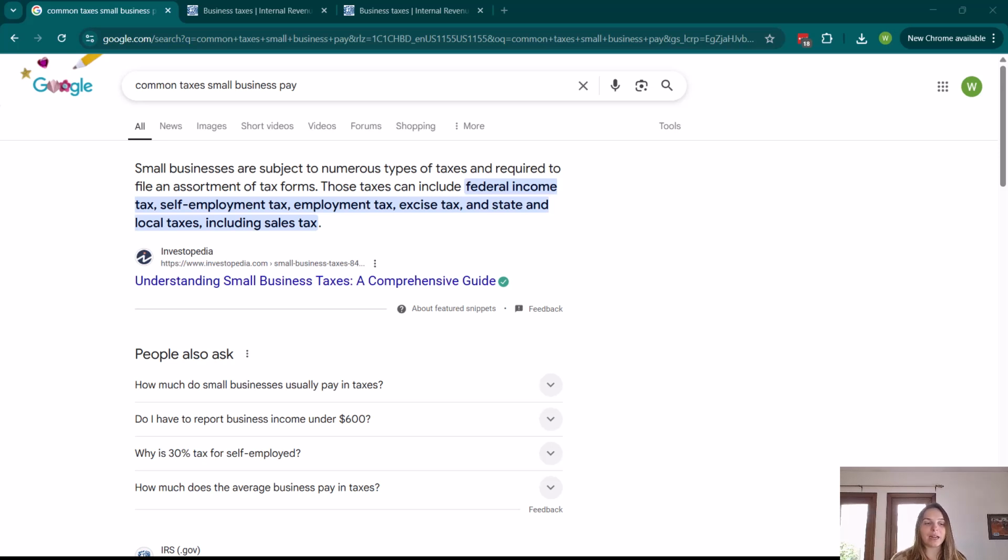Now, if you do not have a formal legal structure like an LLC or a corporation, and you have two or more owners, by default you are taxed as a partnership. That partnership files its own tax return, Form 1065, but there is no federal income tax due, generally, with that form.